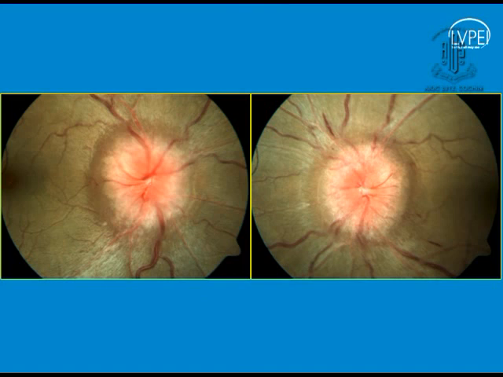We look: the margin is blurred, the neuroretinal rim is pale, the cup is obliterated, and the vessels are obscured because of the swelling of the retinal nerve fiber layer, and the nerve fiber layer is opaque. So this is a true optic disc edema when we apply our template, and this lady has benign intracranial hypertension.